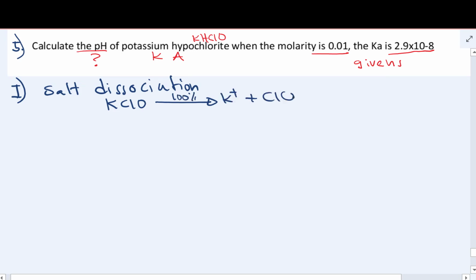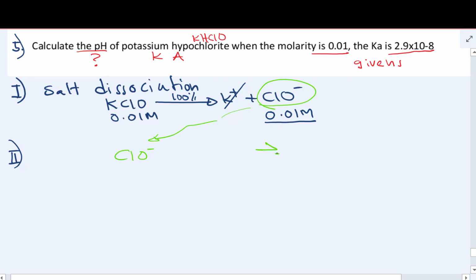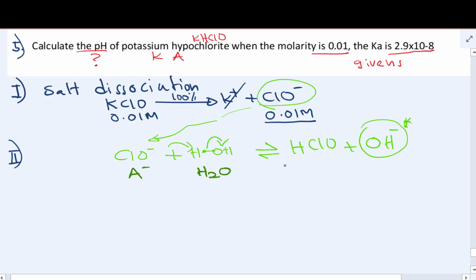Salt dissociation, 100%. K plus is a spectator, ClO minus, 100% molarity transfers into the ions. Now, second one, salt dissociation first, then put it in the water like this. And the water dissociates, that's the hydration or water dissociation step, and a double arrow because of the water, and you write it this way.